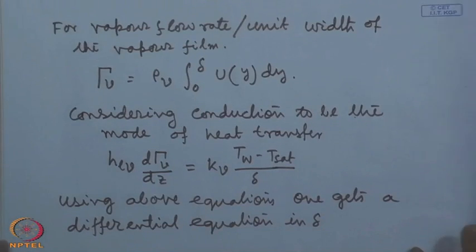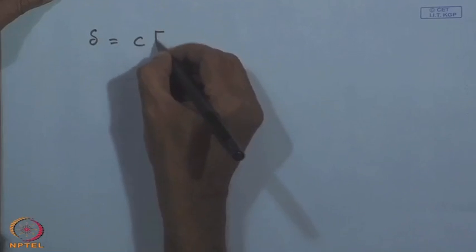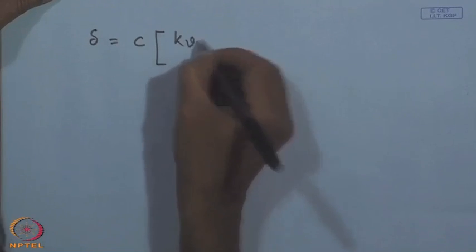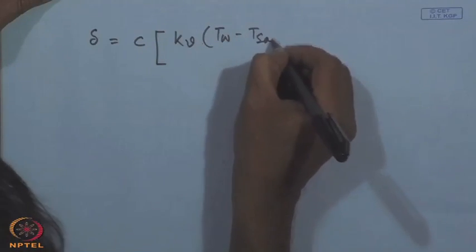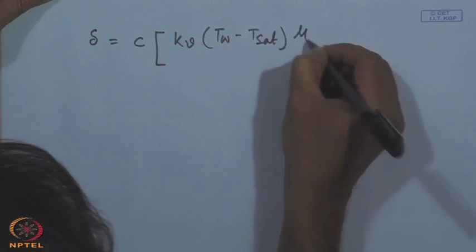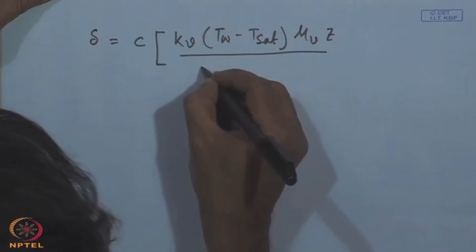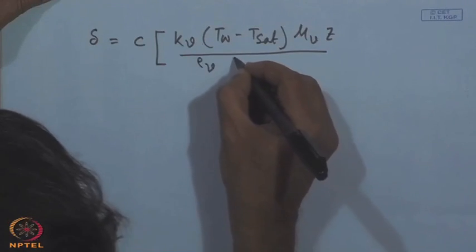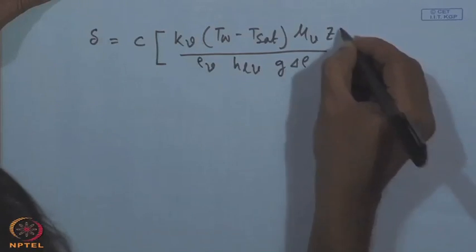So, then delta can be solved, and if we solve it, we get delta is equal to C times a function of z.